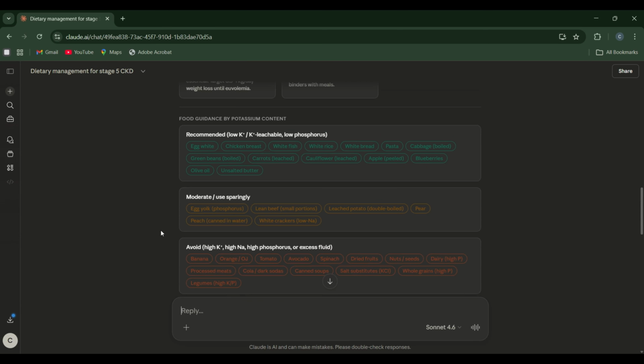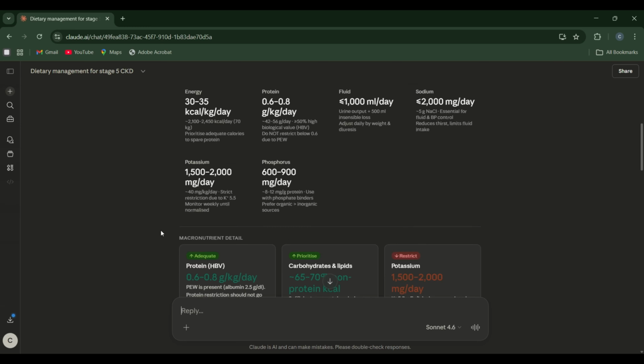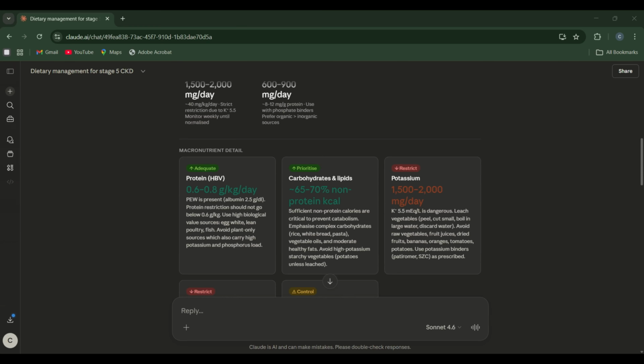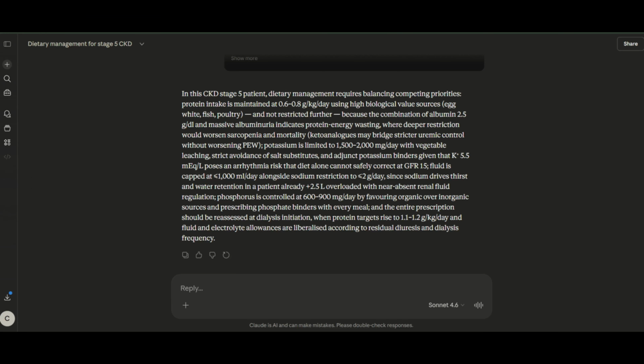Potassium is limited to 1,500 to 2,000 milligrams per day with vegetable leaching, strict avoidance of salt substitutes, and adjunct potassium binders, given that K+ 5.5 mEq per liter poses an arrhythmia risk that diet alone cannot safely correct at GFR 15.